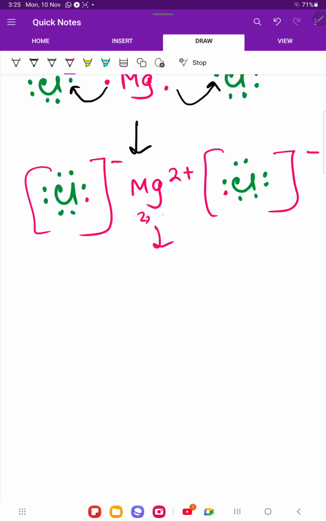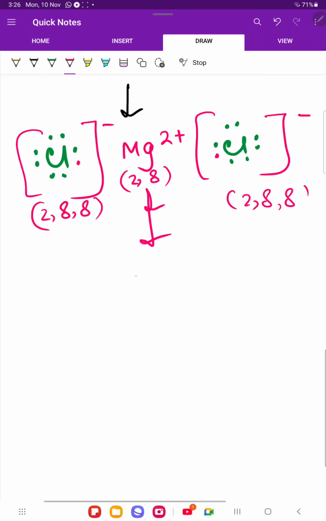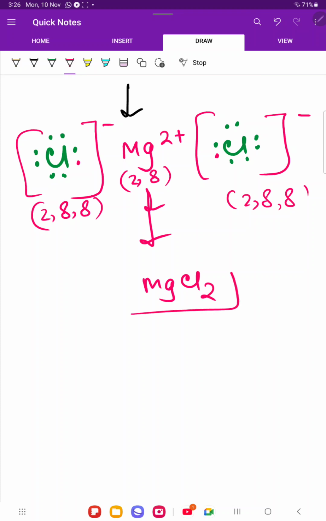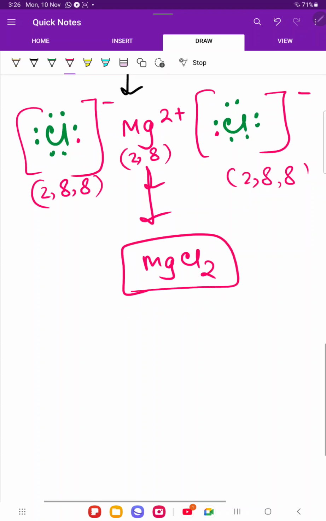The final electronic configuration will be 2, 8, which is like neon, and in the case of chlorine it is 2, 8 and 8, which is like argon. This magnesium is coupled with the 2 chlorine atoms to give the final salt, which is magnesium chloride.